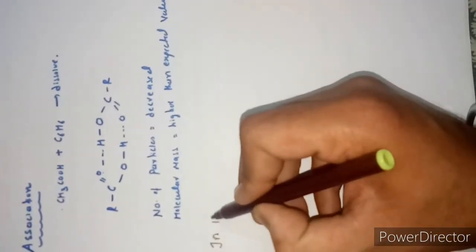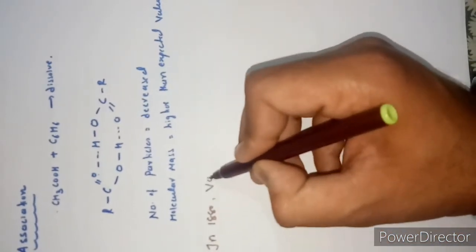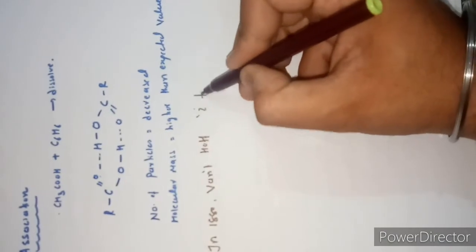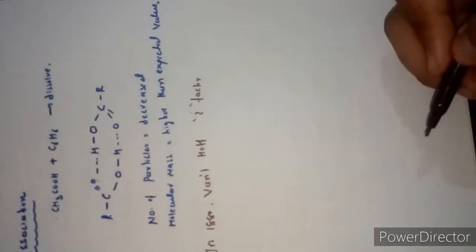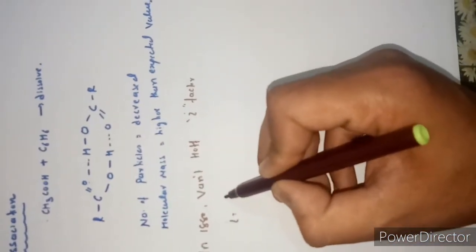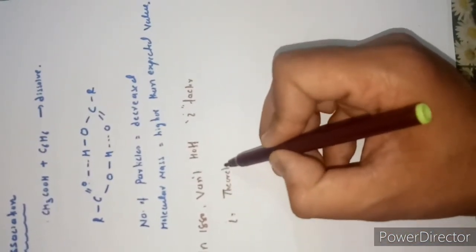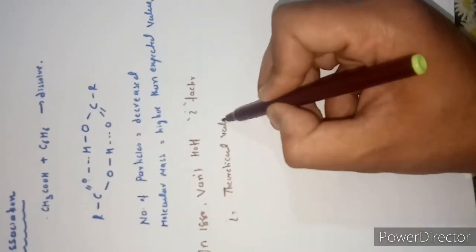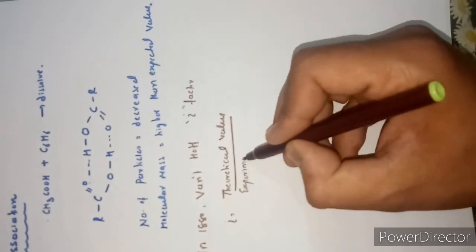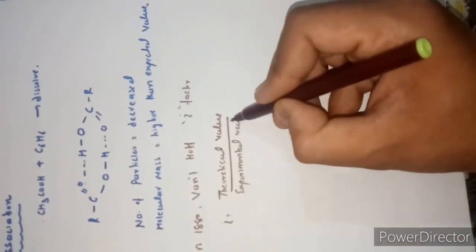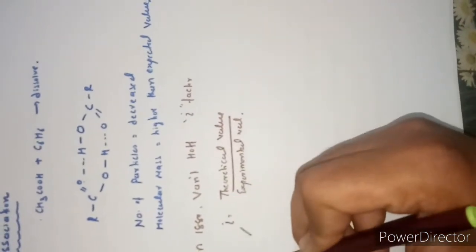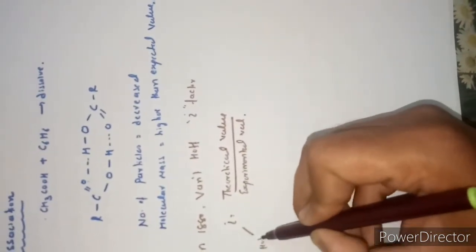In 1880, Van 't Hoff introduced the i factor, so that we can find the theoretical value upon the experimental value. So i is known as the Van 't Hoff factor.